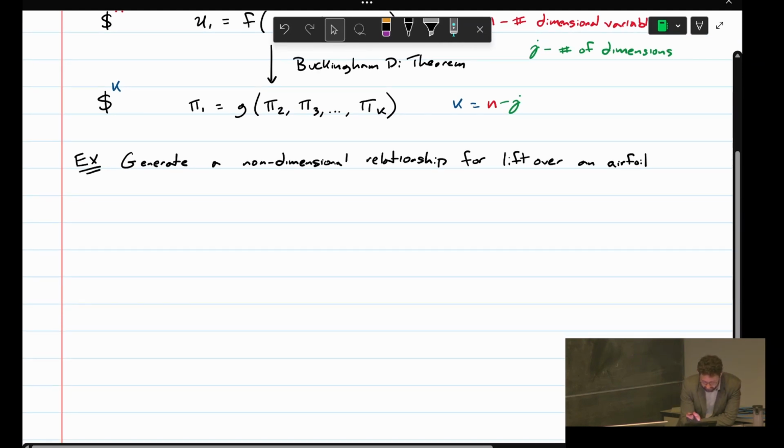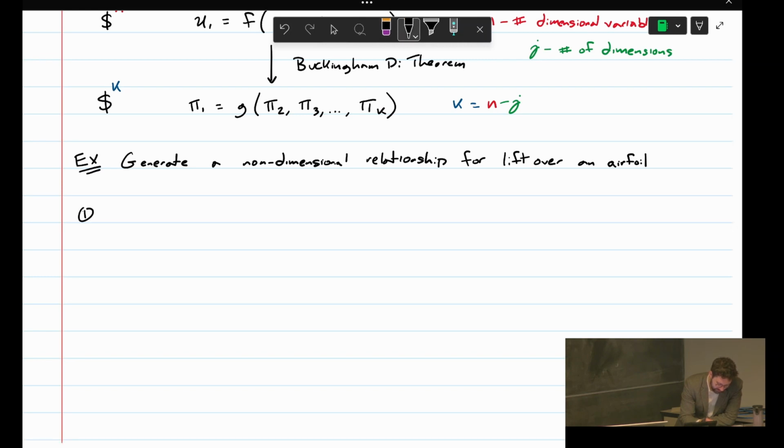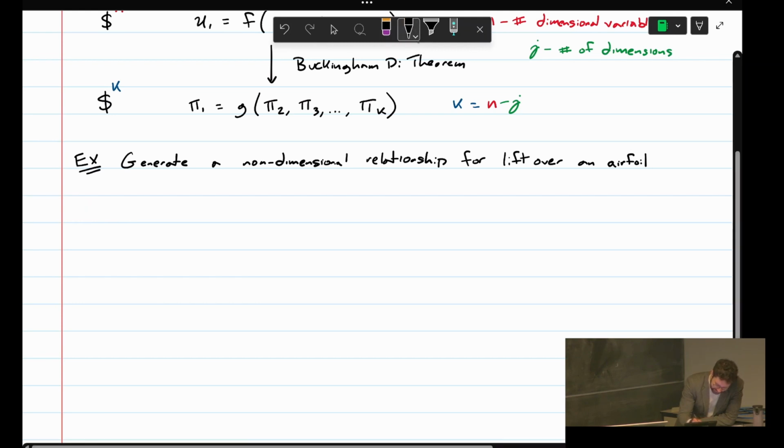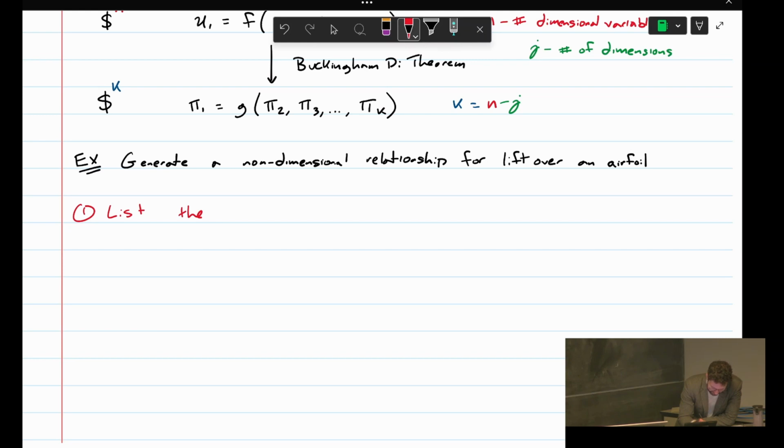Okay. So the first step in Buckingham pi theorem is to list the dimensional variables involved. I'm going to color code the steps red just so they stand out a little bit.